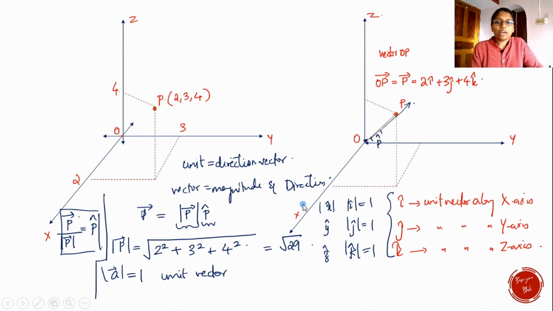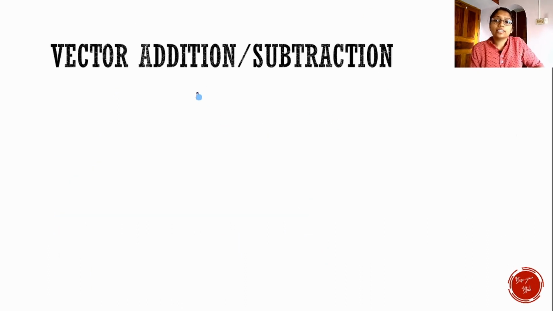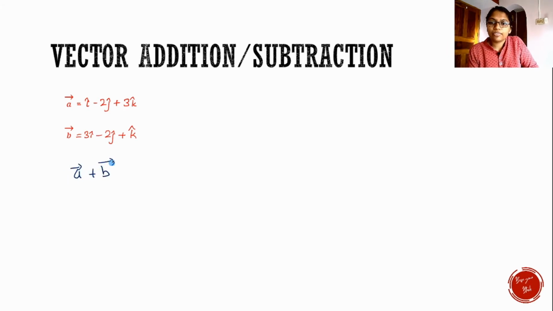Now let's discuss vector addition and vector subtraction. Here I take two vectors, vector a and vector b. Now I have to add them up. a plus b is simply you add your i components, that is 1 i cap plus 3 i cap is 4 i cap, minus 2j plus minus 2j is minus 4j, plus 3k plus 1k is plus 4k cap.